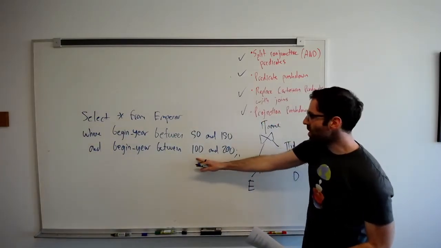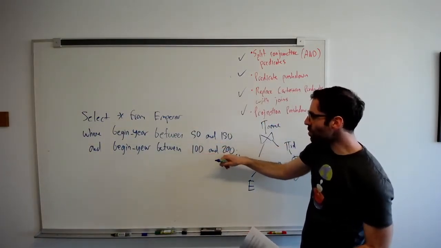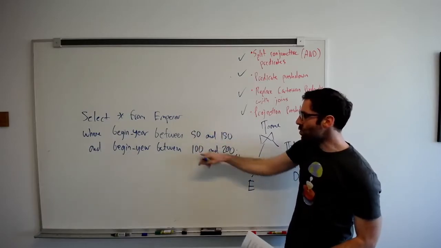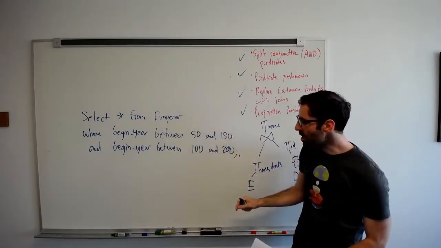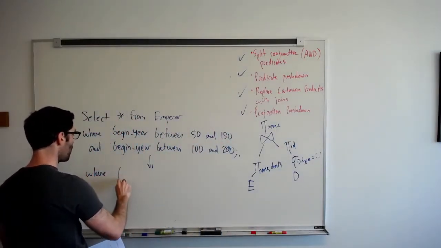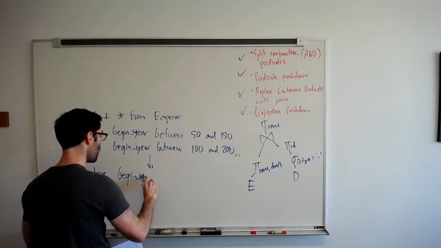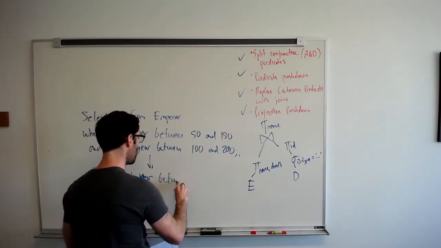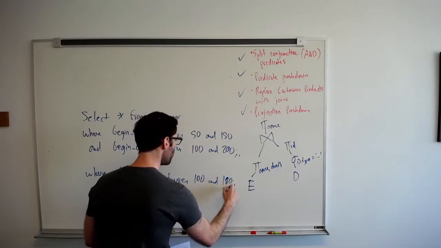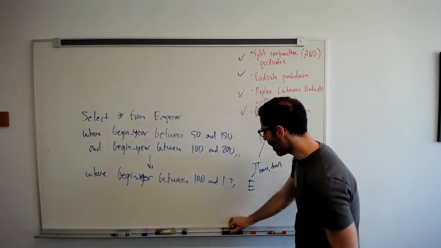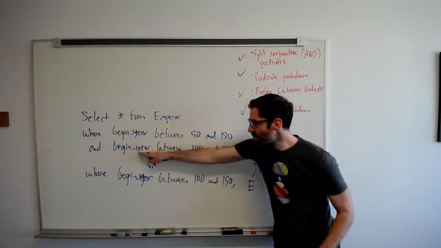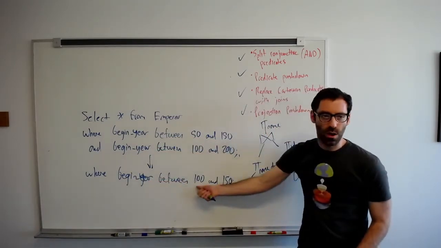Us as humans looking at this can see, well, 50 to 150, 100 to 200, it's actually only going to be 100 to 150 is the actual range that this represents, and so we could rewrite it to be just a single where begin year between 100 and 150, and that would result in, instead of checking this begin year twice, we're only checking it once.